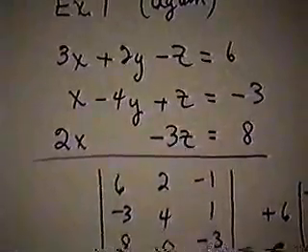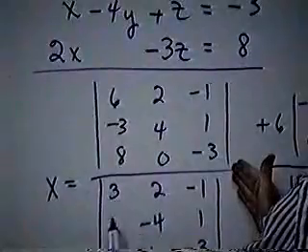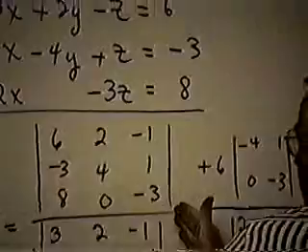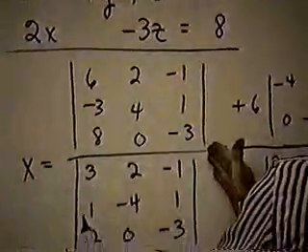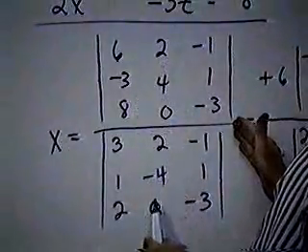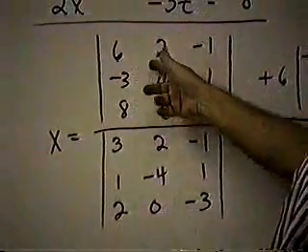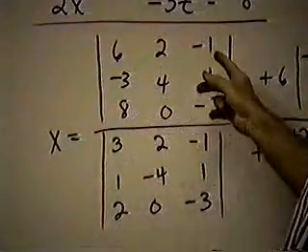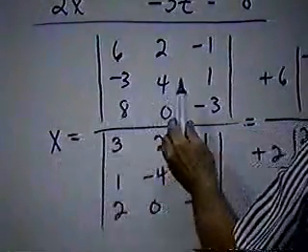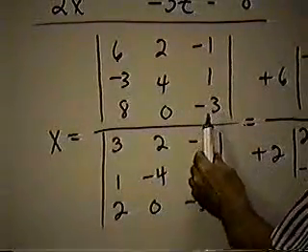The numerator, solving for x, I will replace the x column with the constants 6, minus 3, and 8. If I'm solving for y, and I don't have this in the notes, I would replace this column. So I would write down 3, 1, 2 up here, then replace this column with the 6, minus 3, 8, and then write down the z column. If I were solving for z, then I would replace the z column with the 6, minus 3, 8.